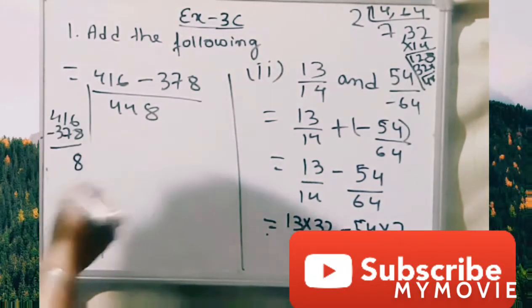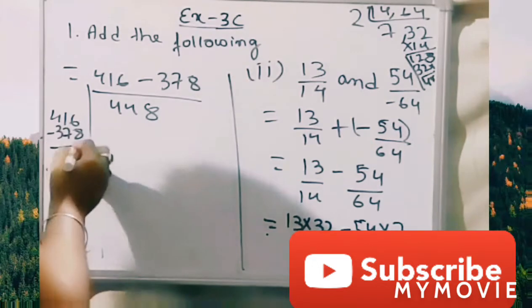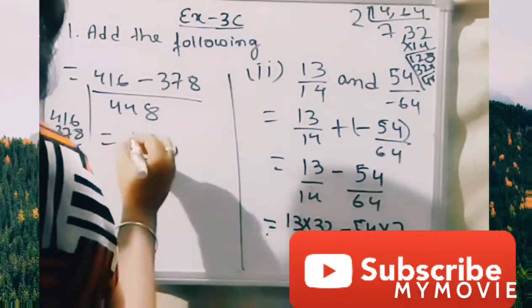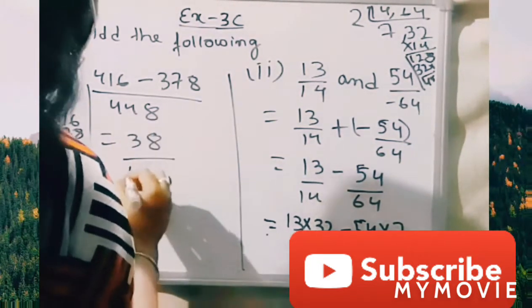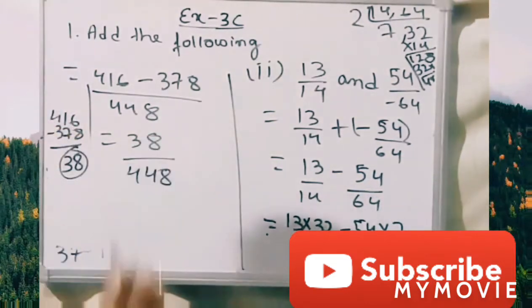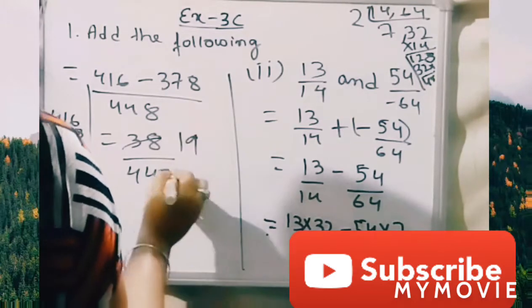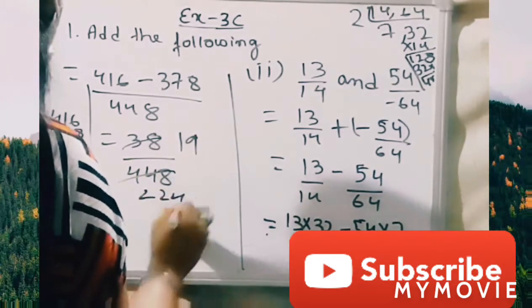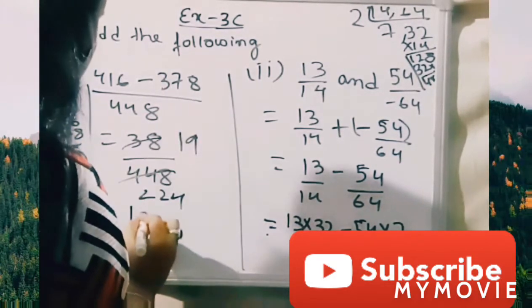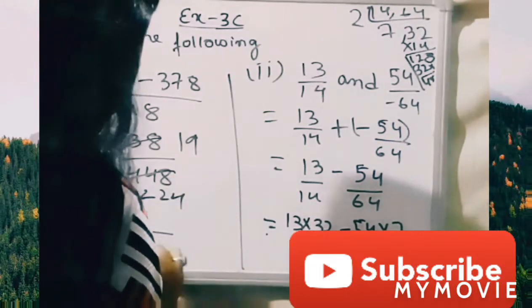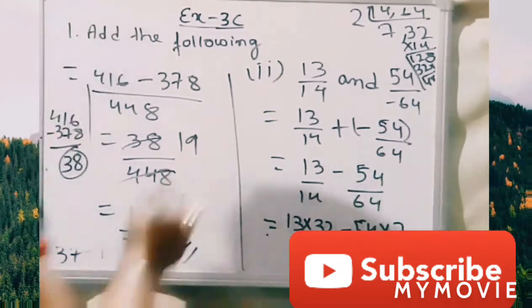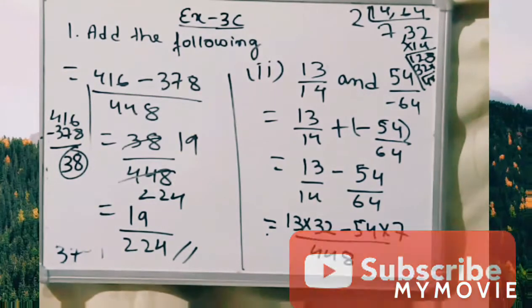Then 10 minus 7 is 3. Your answer is 38 by 448. You can cancel this with 2 multiples: 2 1s are 2, 2 9s are 18, 2 2s are 4, 2 4s are 8. So your answer in the standard form is 19 by 224. This is your answer. Please take the screenshot.